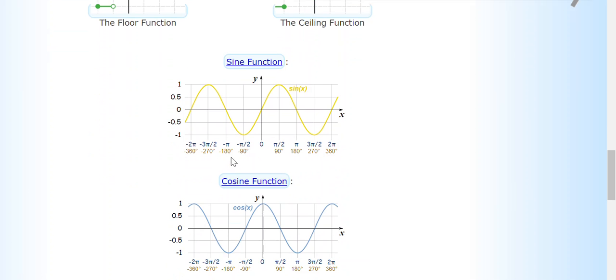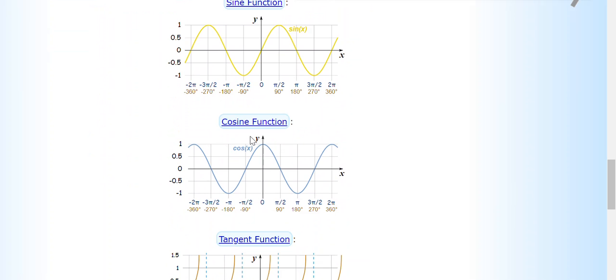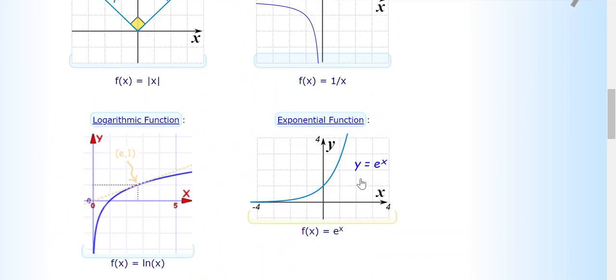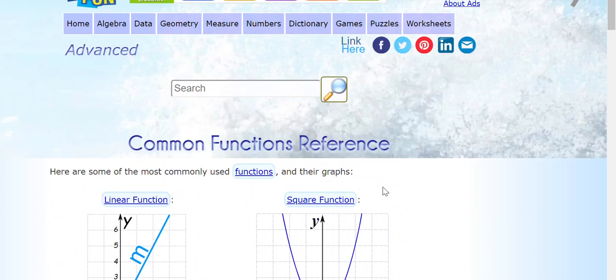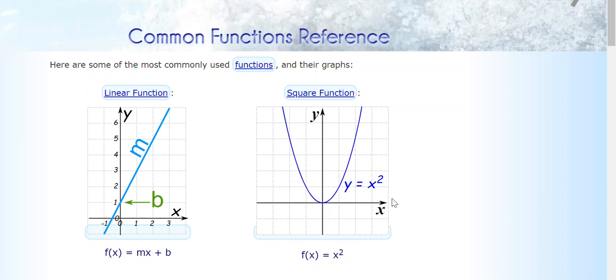And then we have the sine function, which is similar to cosine function. And then this is the tangent function. So here are examples of different functions. Like I said, we are not going to dig deeper into all of these today, but we just want to have an idea of how they look.